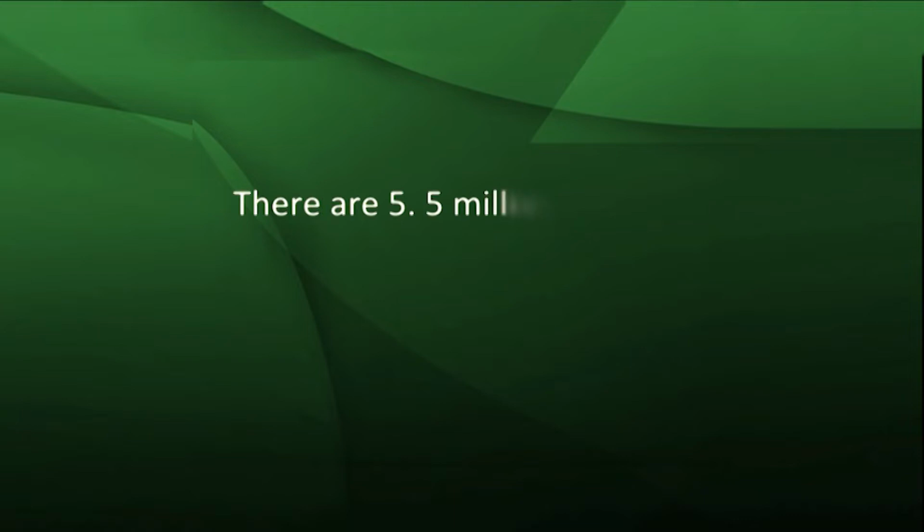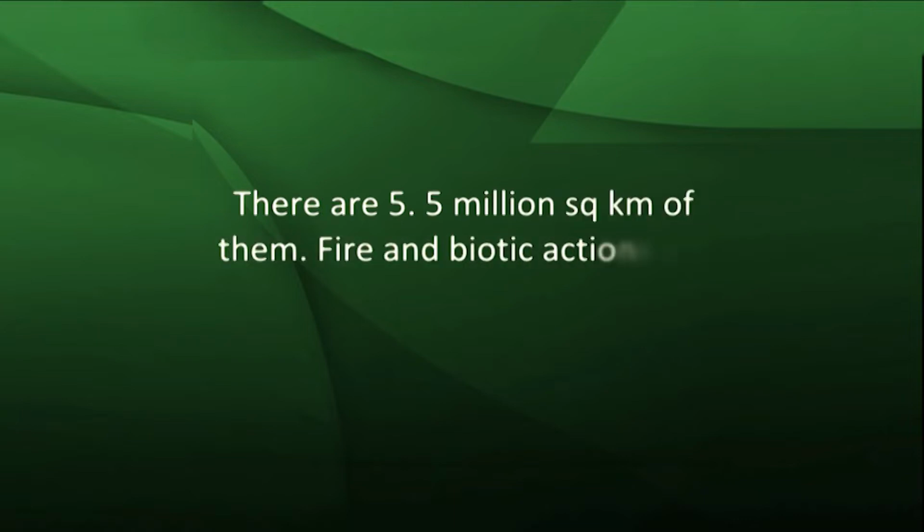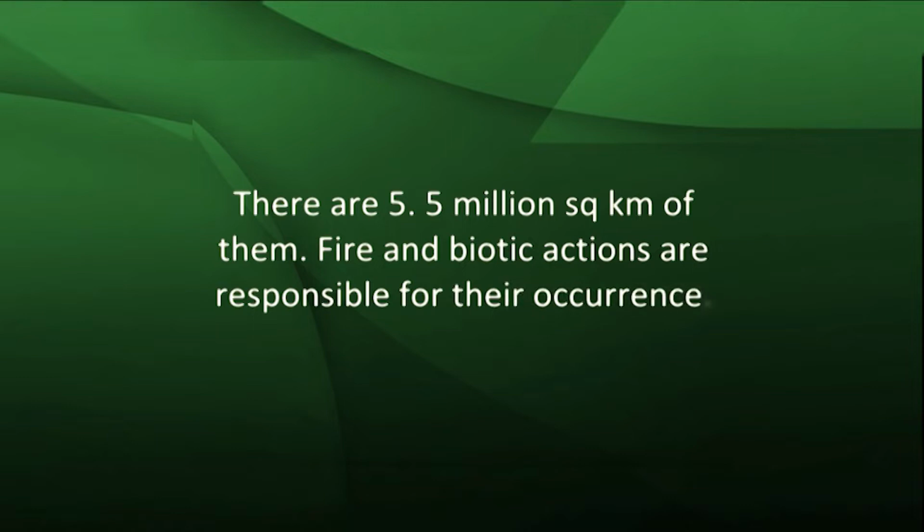Soil is deep and rich. Chernozem in the drier regions, short drought rest period is followed by long cold rest period. These are excellent grazing lands. There are 5.5 million square kilometers of them. Fire and biotic actions are responsible for their occurrence and maintenance.